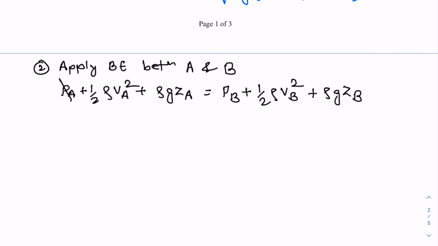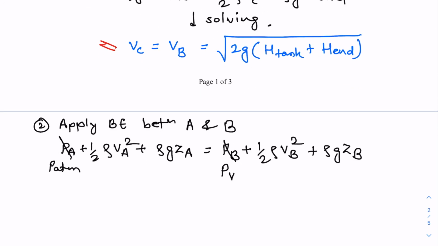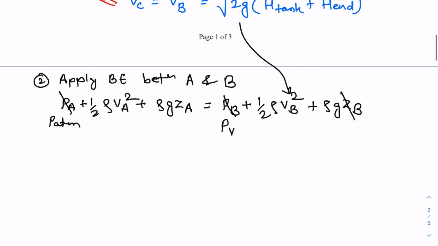So again, PA is atmospheric pressure, PB is vapor pressure, because we're trying to find out H hill such that cavitation occurs at B. VB is nothing but this formula, and ZB is H hill, ZA is H tank, and VA is 0.